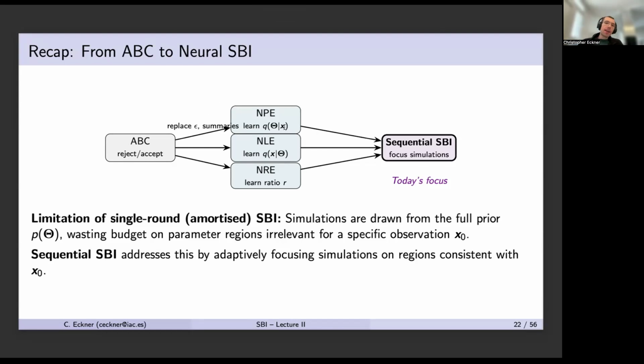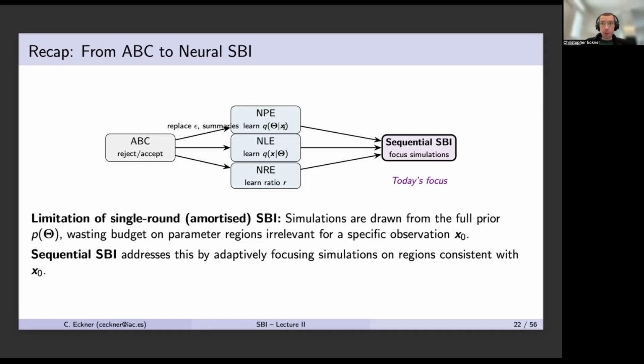But they are limited in the following sense: they are single round inference tasks, with a single simulation and training step. This has the advantage, of course, that it gives you an amortized posterior that you can evaluate for many target observations. However, they are not specific to one particular target observation, while traditional methods, Markov chain Monte Carlo, nested sampling, variational inference, are all specific to your observation.